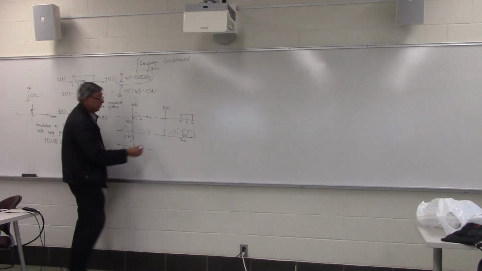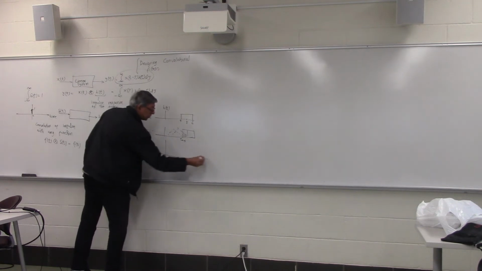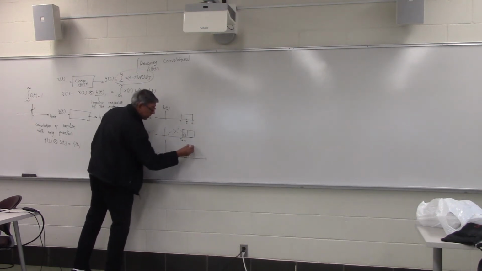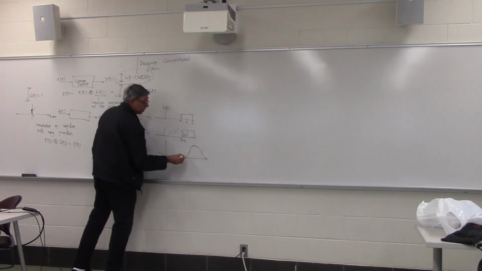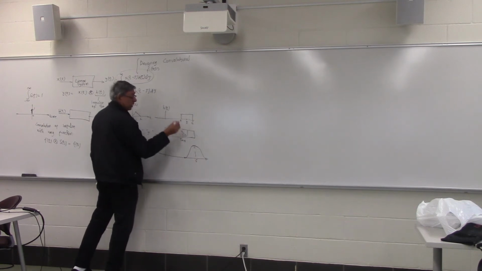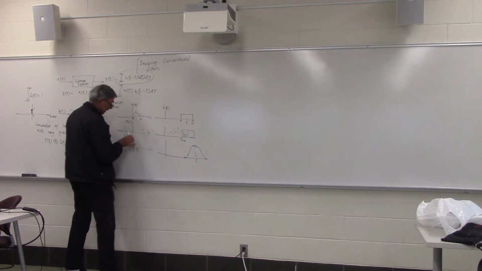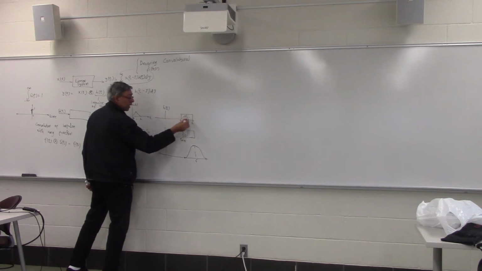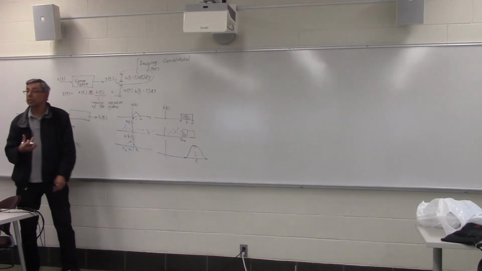Essentially, the convolution will produce something from 4 to 8, some output like this. The maximum will be when t reaches 6, because at that point there is maximum overlap between the two signals.